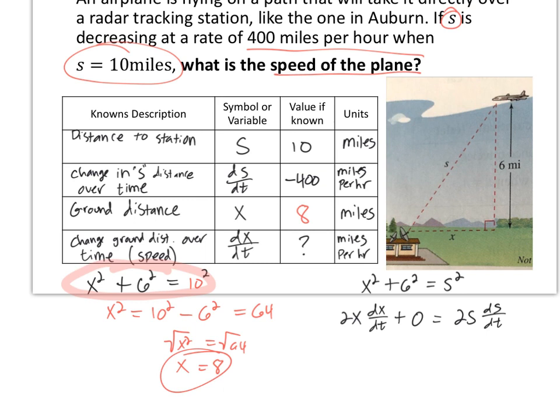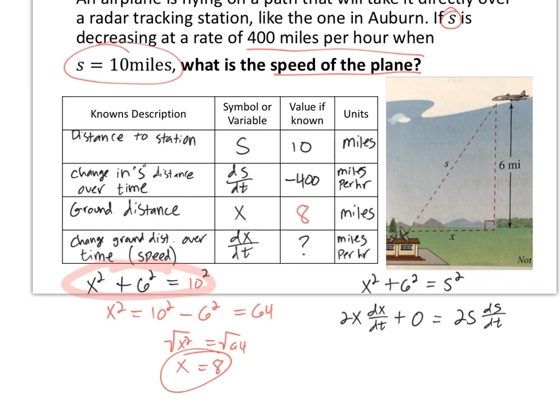And it appears that I don't need any more information because I know x. We just figured that out. I know I'm looking for dx/dt. I know s is 10. And I know ds/dt is 400. So I'm using all of the information that I have to simplify this problem.